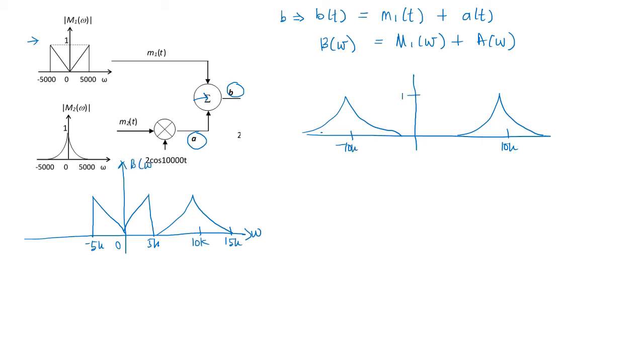The magnitude is 1, so this is your A(omega). And then given is M1(omega), so here is 5k and here is negative 5k.